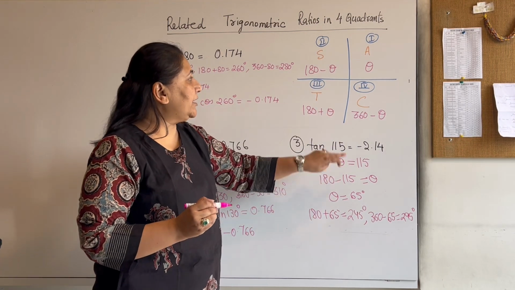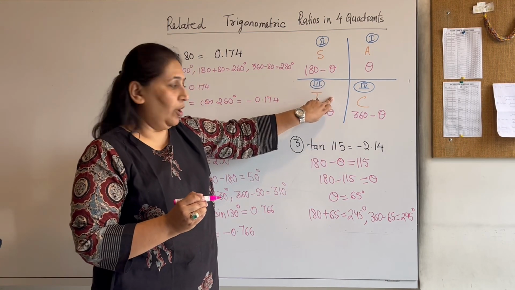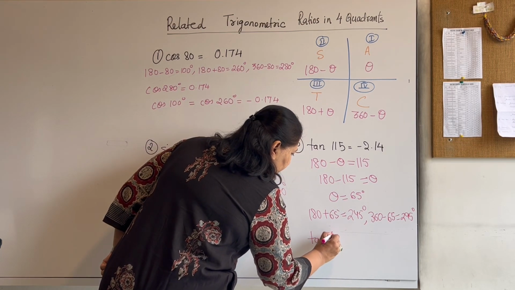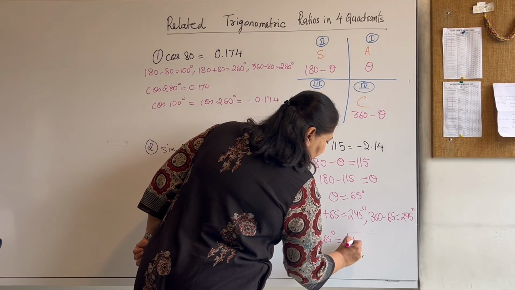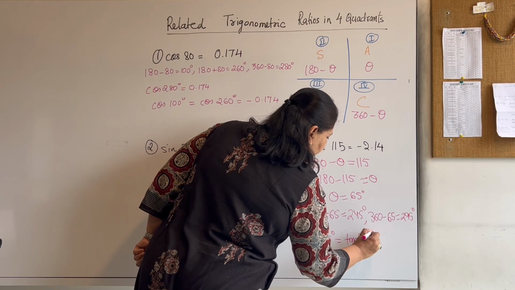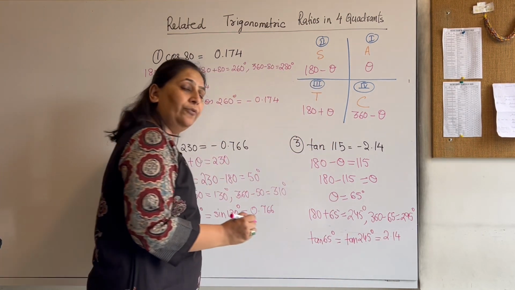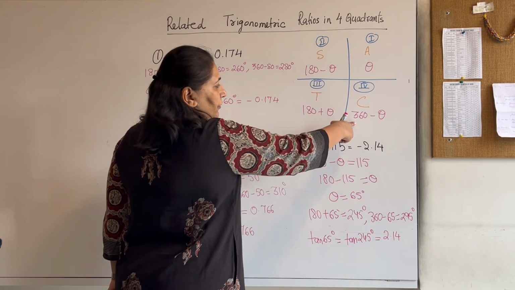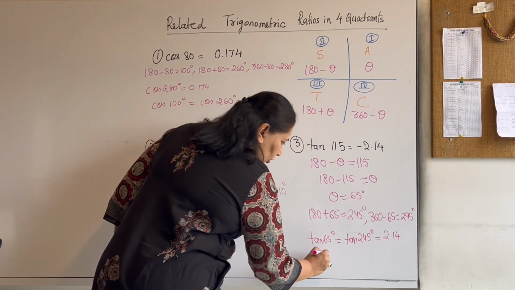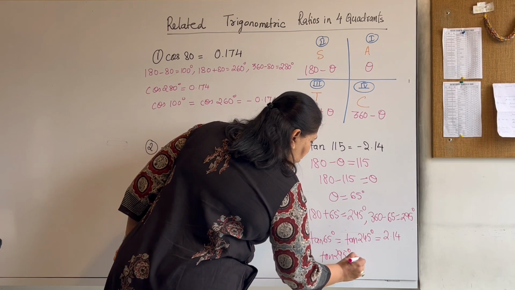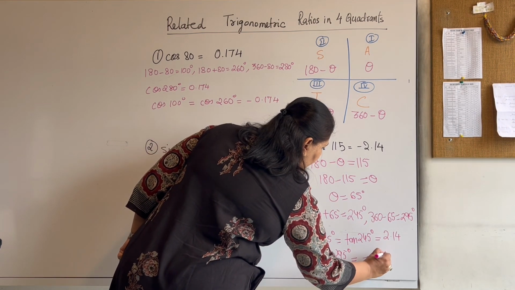Tan theta is positive in the first and the third quadrant. So tan 65 degrees will be equal to tan 245 degrees. Both of them will be the positive 2.14, and in the fourth quadrant tan is negative. So tan 295 degrees will be negative 2.14.